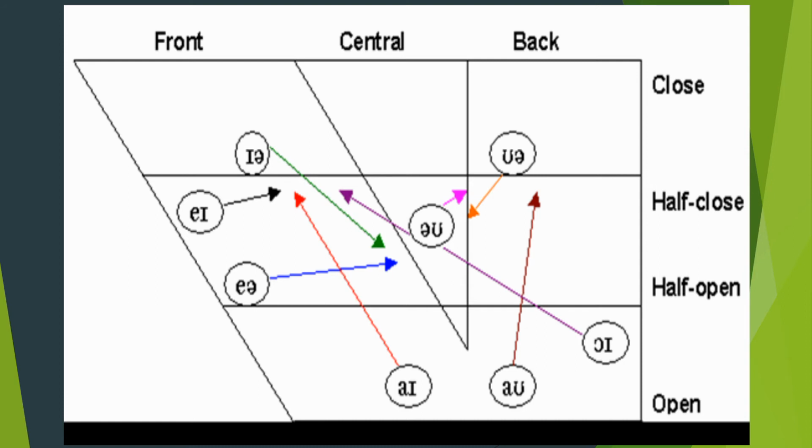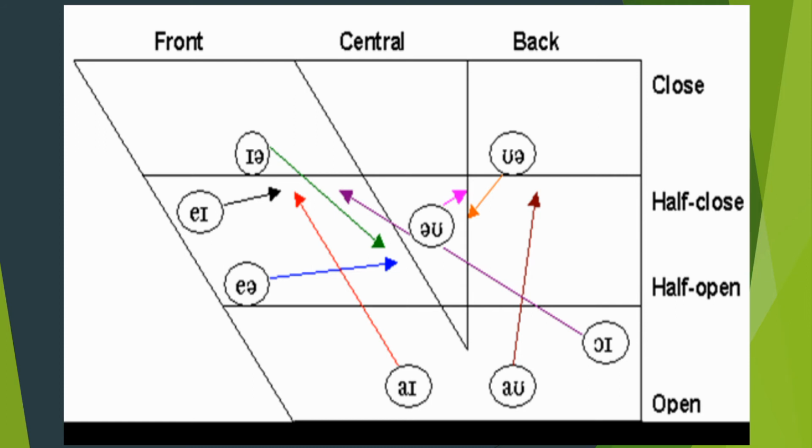One is gliding towards U from A. This is the maroon arrow. A is gliding towards U, that is ow. Say once again, ow.